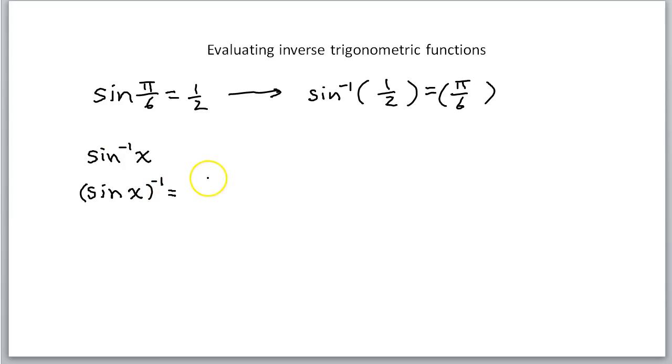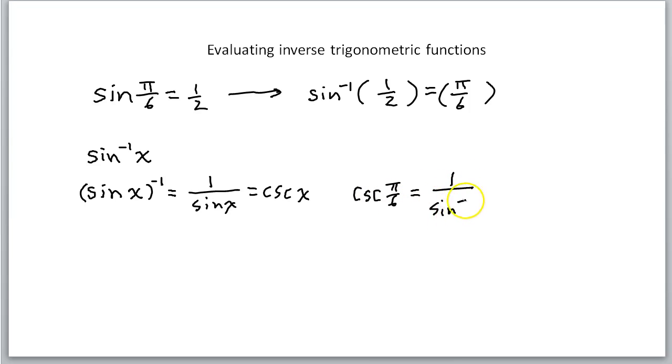Multiplicative inverse is another name for reciprocals. And the reciprocal of a sine function is called cosecant of x. And that is completely different from sine inverse of x. So for example, if you have sine pi over 6 equal to 1/2, in terms of the cosecant x, it means that cosecant of pi over 6 is 1 over sine of pi over 6, and that's 1 over 1/2, which means it's the reciprocal of 1/2, which is equal to 2.